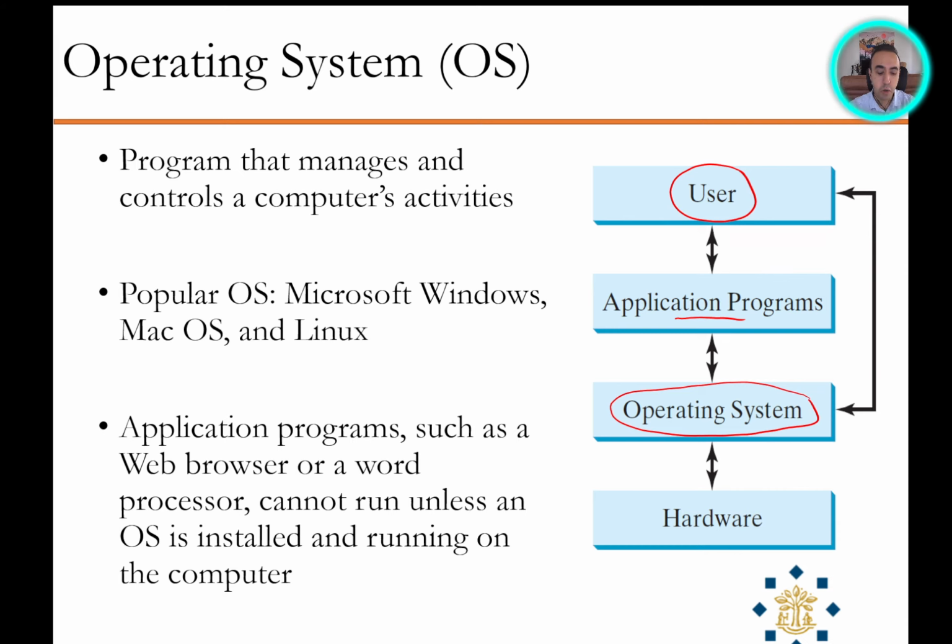So for instance, if you open a web browser or a word processor, you need an operating system installed and running on your computer such that it translates whatever you're doing on the web or writing in Word onto the computer hardware, okay?